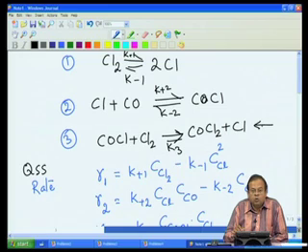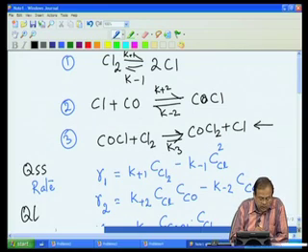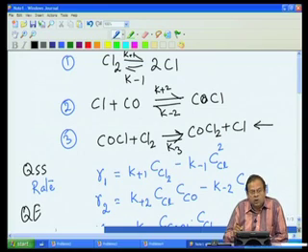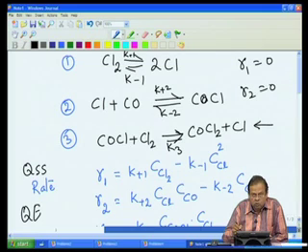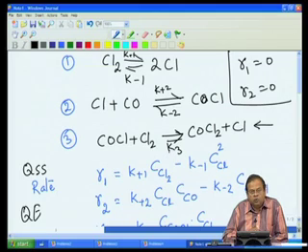That means we can go back and invoke the quasi equilibrium approximation, where we say that reactions 1 and 2 are at equilibrium. So, R1 is equal to 0, R2 is equal to 0, this is my quasi equilibrium, and the rate is equal to K3.